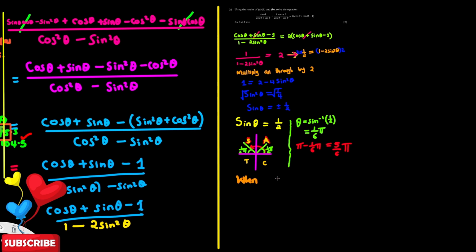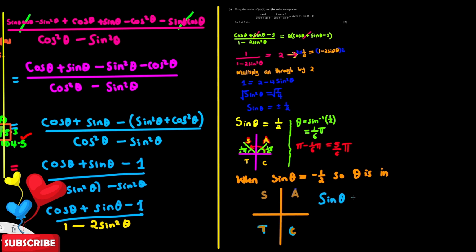All right, when sine theta equals to negative a half, the angle theta is going to be obtained in the quadrant where we have sine negative. So in which quadrant is this that we're talking about? This will be in the third quadrant and in the fourth quadrant. So in these two quadrants, that's where we are going to find our angle.